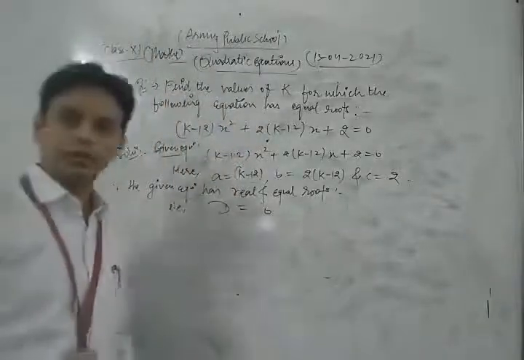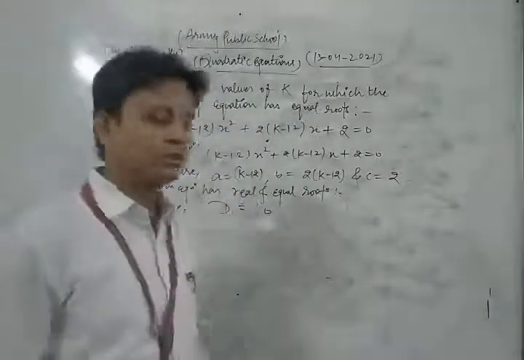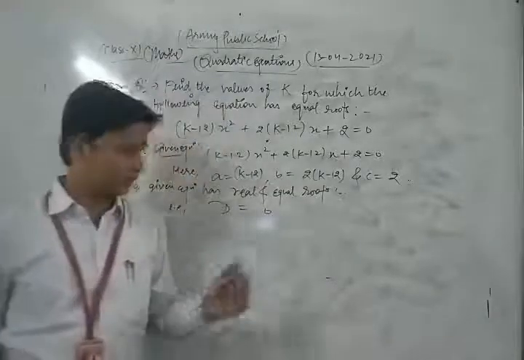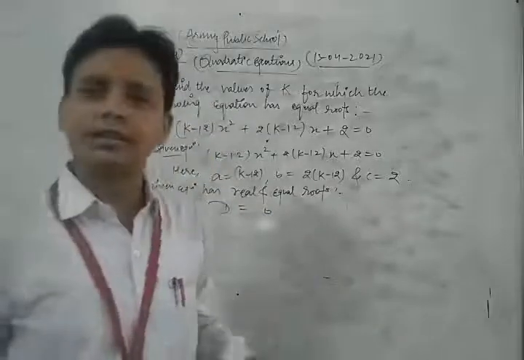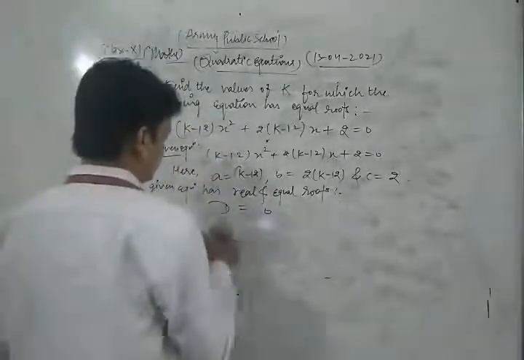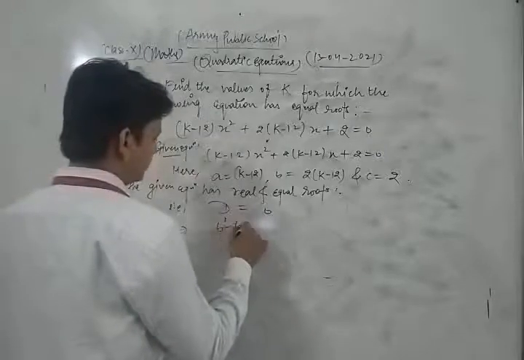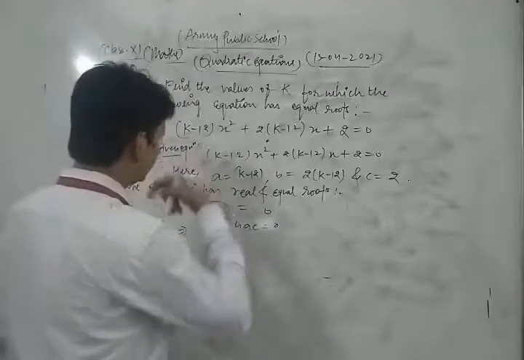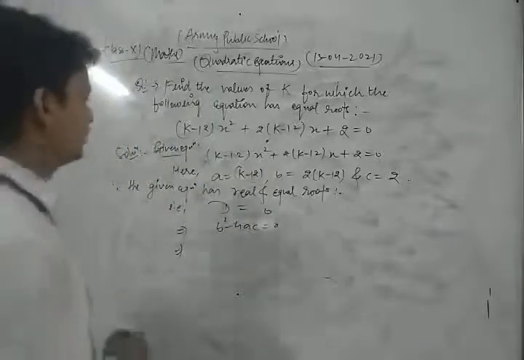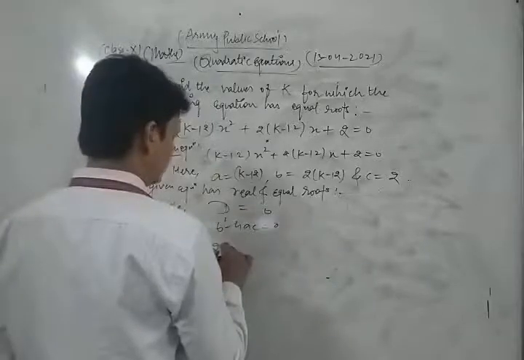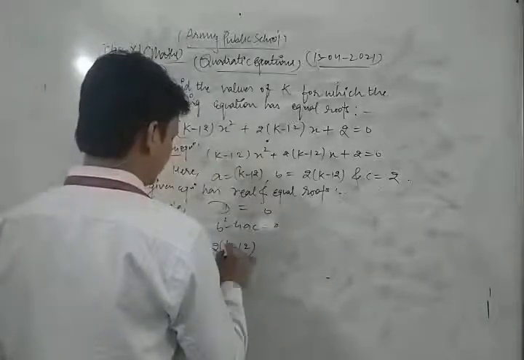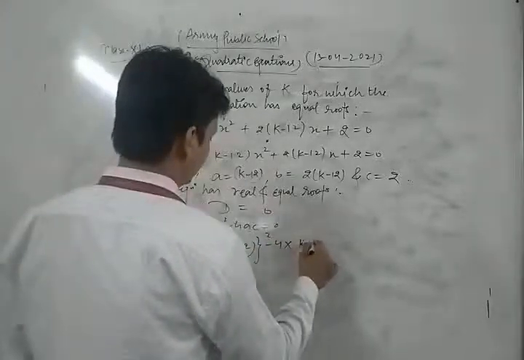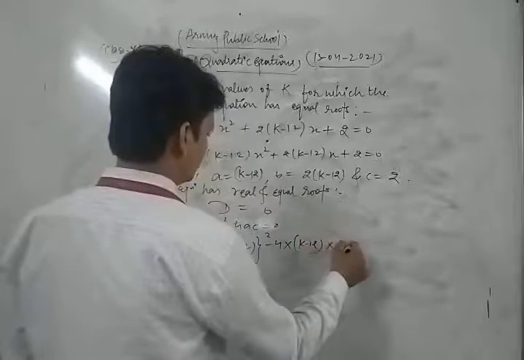I just discussed that topic, that if the discriminant of the given equation is such, the equation has real roots. So let's see. The discriminant means b square minus 4ac is equal to 0. Now we put the value of b, which is 2 into (k minus 12) whole square minus 4 into a, that is (k minus 12), into c, that is 2, is equal to 0.